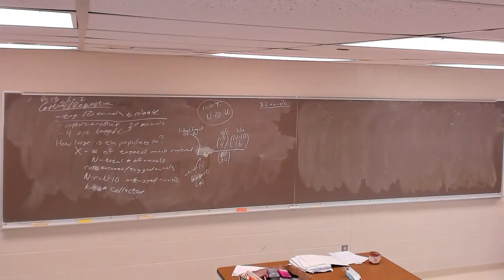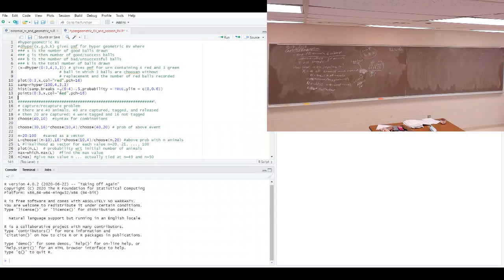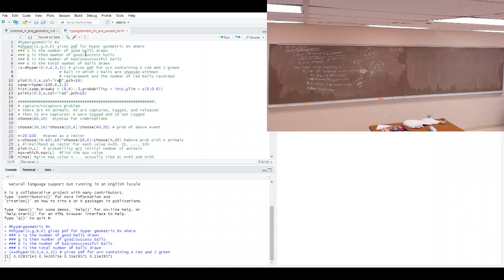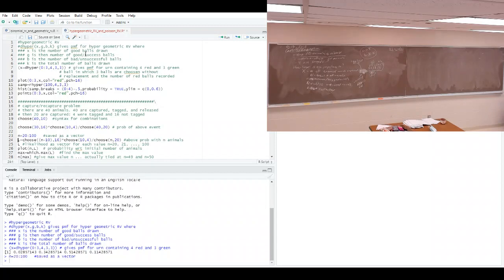So if I were to go ahead and look at the, let's see, is this the one that I wanted? No, the capture recapture down here. Okay. Let's go to this one.